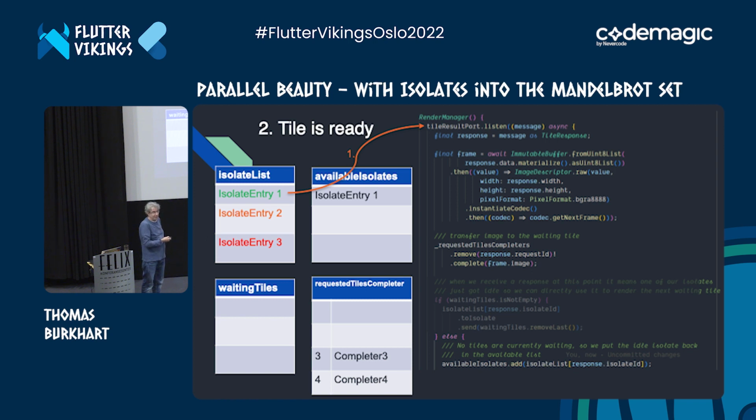So that's the idea how it works. And by this, it always either executes the waiting tiles, or it waits for the next one that comes in. So it's pretty straightforward.